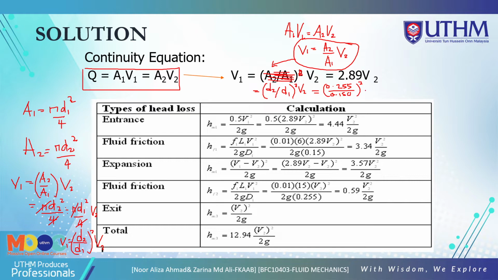So this is V2, and you get the value 2.89 V2. So just correct this: you get 2.89 V2.